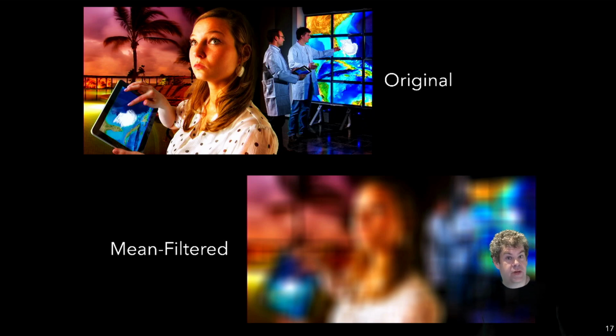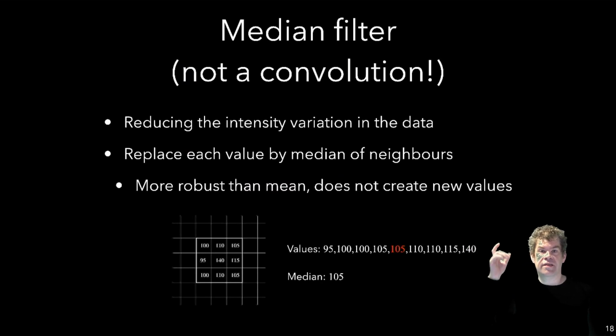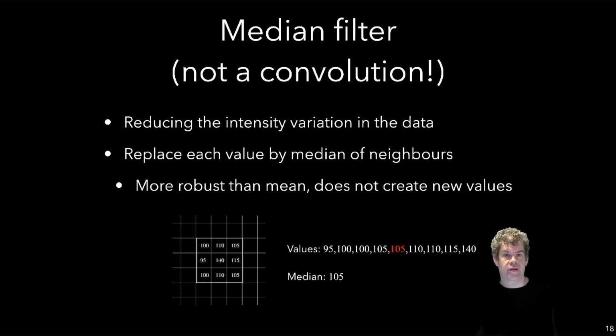Just as a side note, because I talked about a mean filter, there's another term from statistics that is very close, that is median. Mean and median. Mean is just the average value, expected value, whatever you want to call it. The median is, and that's important, not a convolution. The median is, if you take a bunch of values and you sort them, you pick the center.